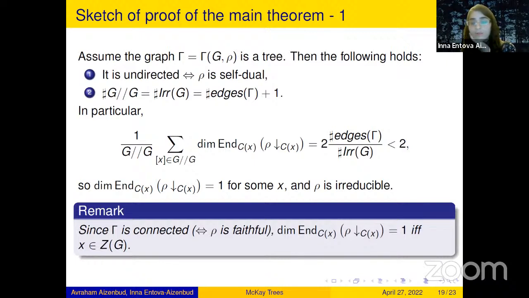But we can also say another thing, namely, if we consider such a restriction to a centralizer, and this restriction is irreducible, then X acts on our representation by an operator which commutes with all the elements from the centralizer. So it acts by a scalar. And if it acts by a scalar, it means that it must be in the center of G, because the representation is faithful.